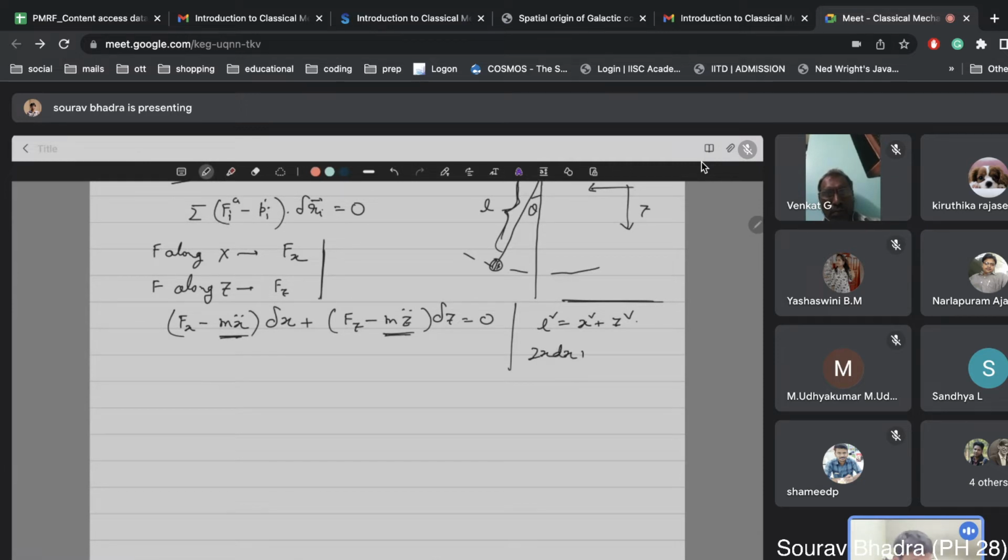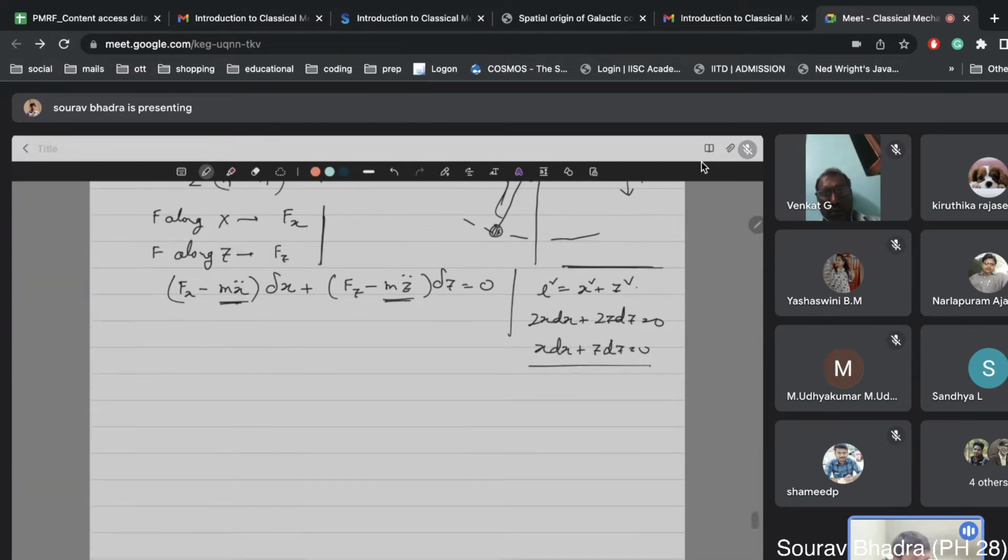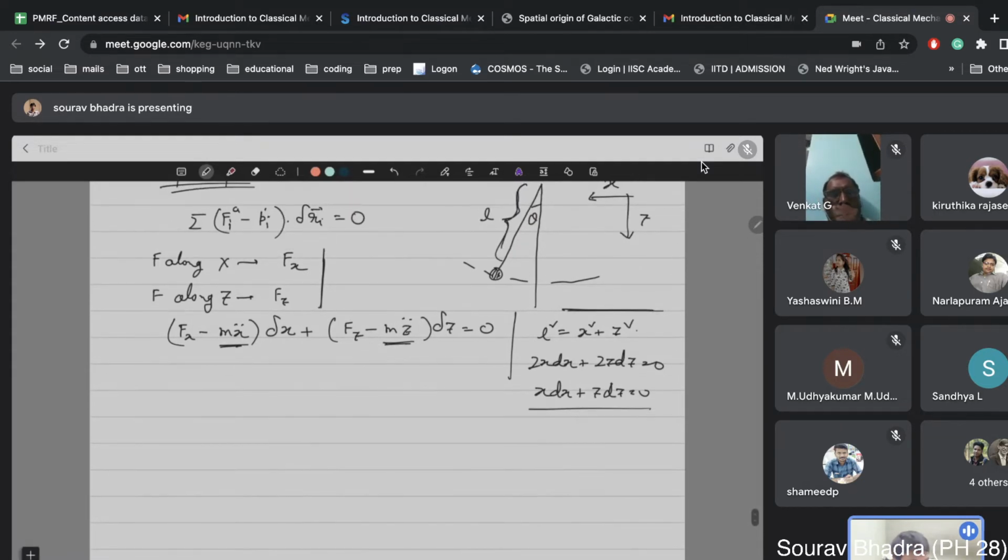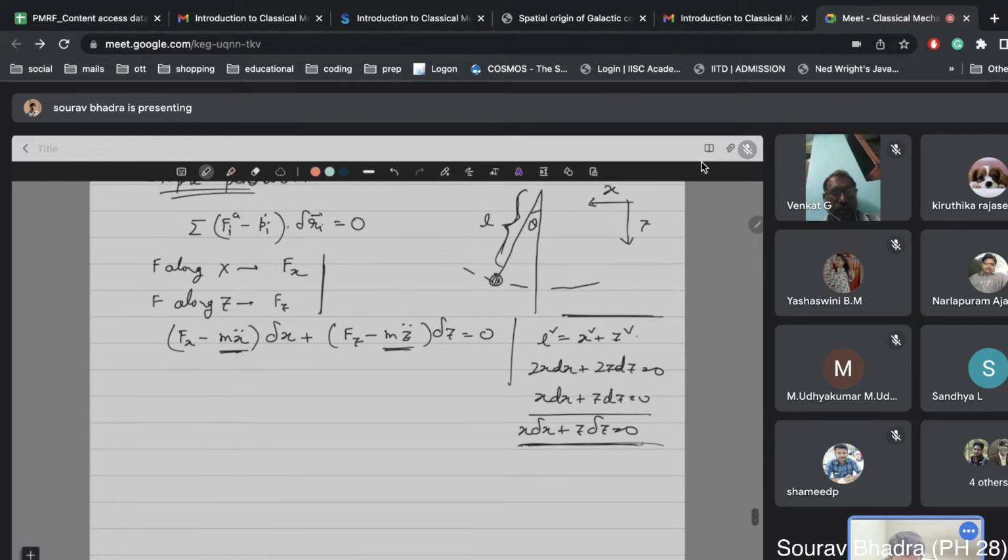If we differentiate, 2x dx plus 2z dz equals 0, that means x dx plus z dz equals 0. As we are focusing on virtual displacement, instead of dx it is delta x, to denote the virtual displacement as different from the actual displacement. So this is the constraint in the system.